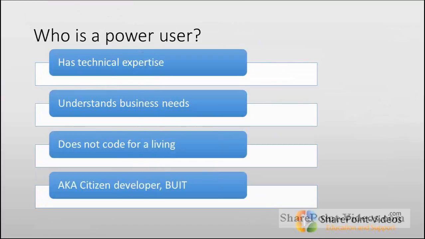The second point is a power user really understands the business needs and is maybe an analyst or works closely with business leaders to try to adopt technology solutions. The third thing to point out is that usually the power user doesn't code for a living. In other words, they're not a developer. We'll talk about that a little bit more, but that's the core definition.